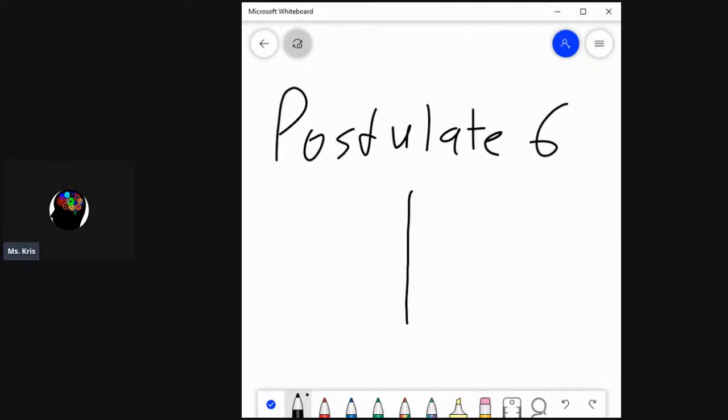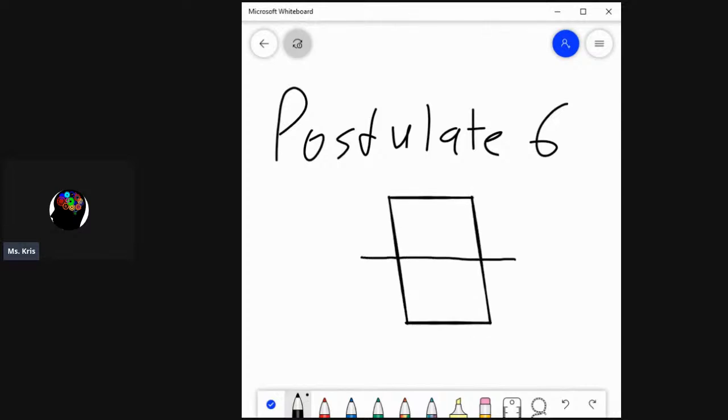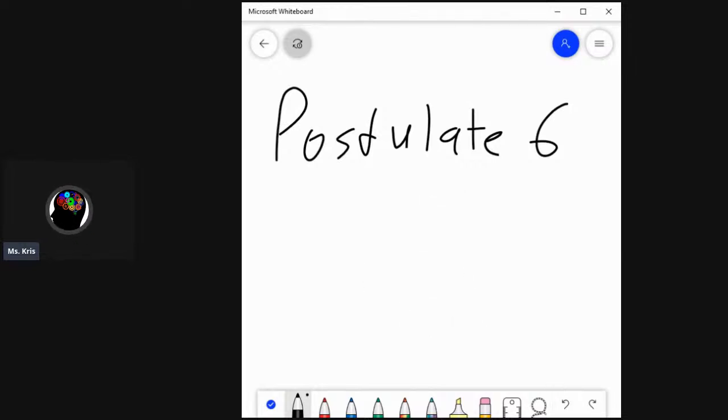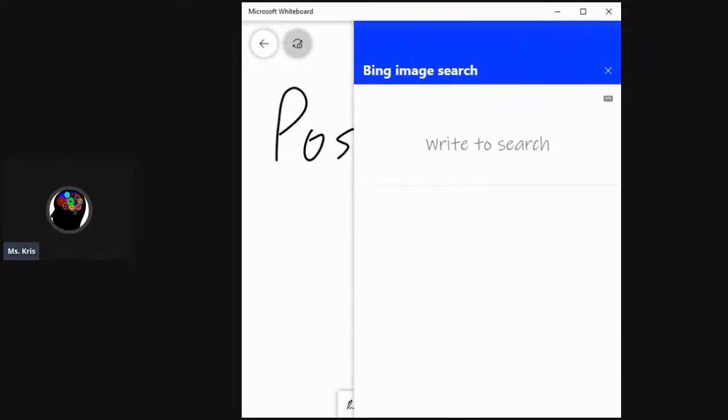So I'm going to draw this to the best of my abilities, or I probably can find a picture of a non-collinear plane.